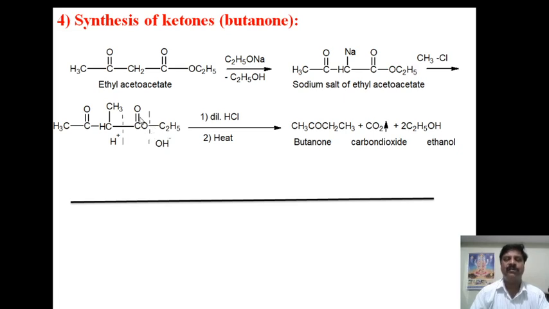This on heating removes carbon dioxide gas and forms butanone, with liberation of ethanol. This is the synthetic application of ethyl acetoacetate for the preparation of ketones. This completes Module number 4.